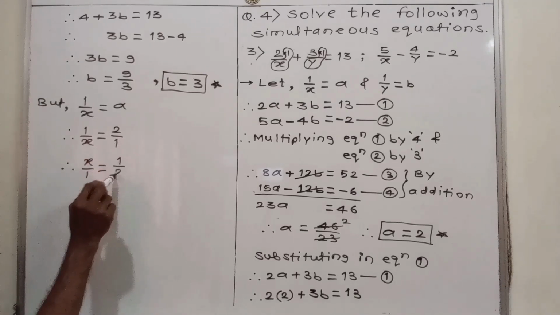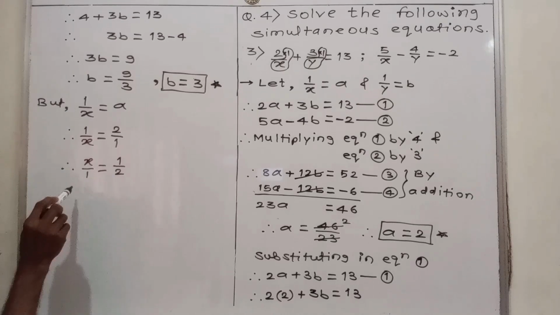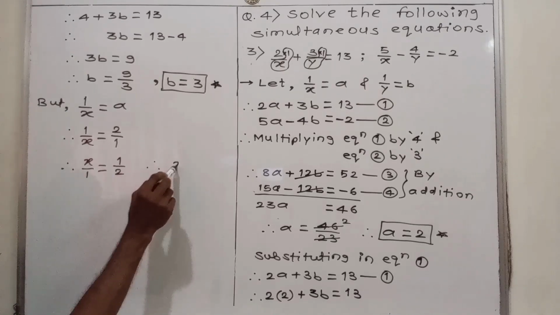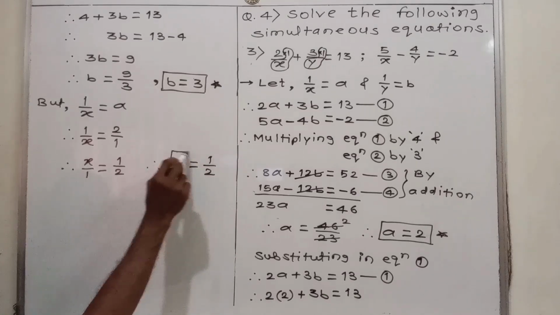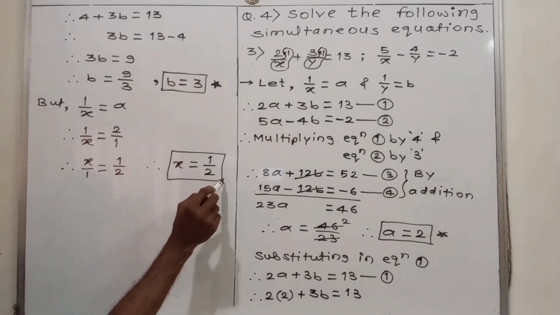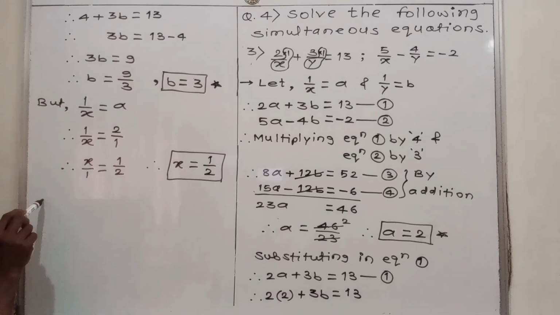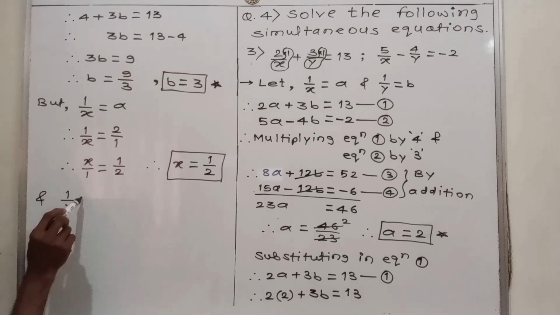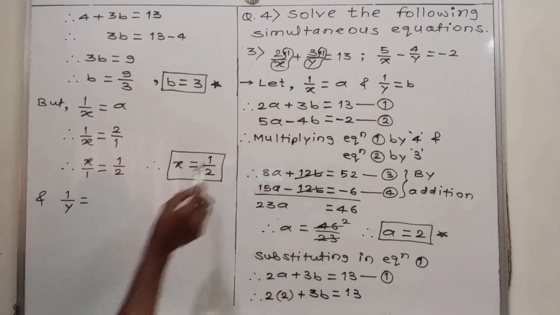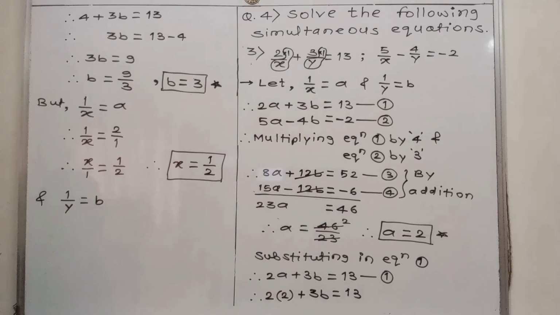Here also, therefore, x is equal to 1 upon 2. And 1 upon y is equal to b. Therefore, 1 upon y is equal to the value of b, 3.